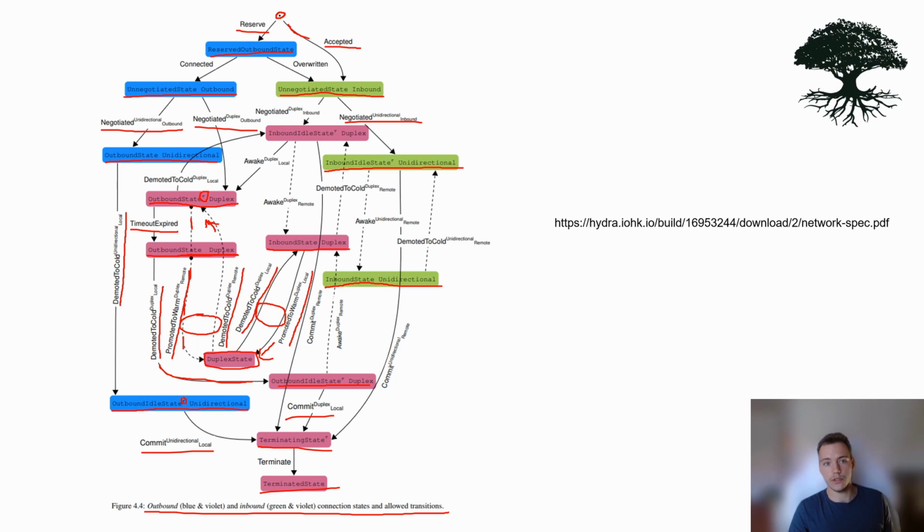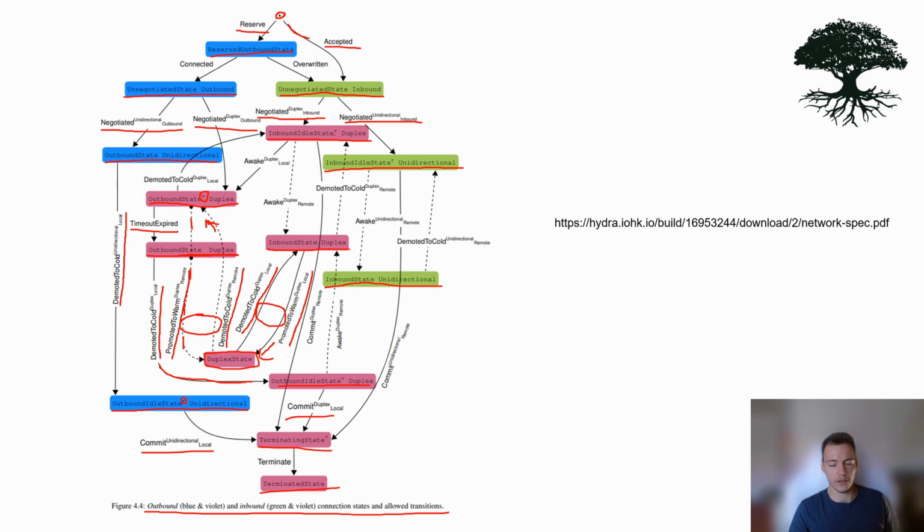So in the other case, if a duplex inbound connection is negotiated, then we enter the inbound idle state duplex, and there's a timeout here. We are waiting for the other node to start the mini protocols.